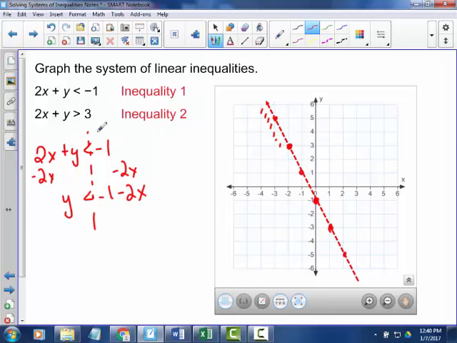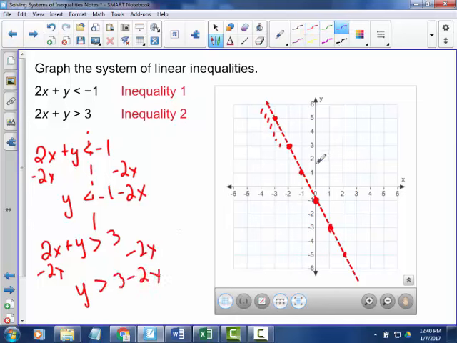Okay, and then we graph our second line. So 2x plus y is greater than 3. Subtract the 2x. Y is greater than 3 minus 2x. We begin at 3, and we fall to the right one. Or rise two and to the left one. Okay. This will also be a dashed line.